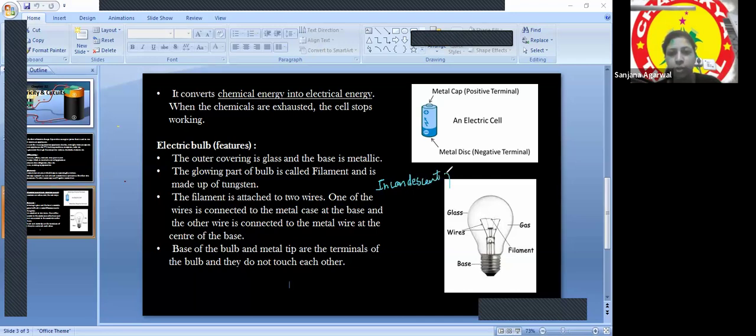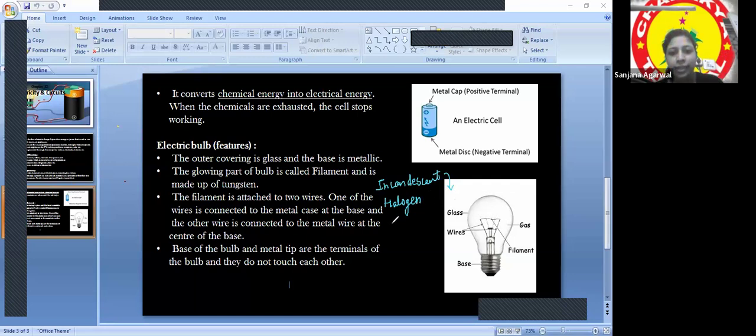The very first bulbs were of this kind. Next came halogen bulbs. Halogen is a type of gas actually. So a gas used to be filled inside the glass case inside the bulb in halogen bulbs. When electric current passes through those gas molecules, they give spark. So they release light.